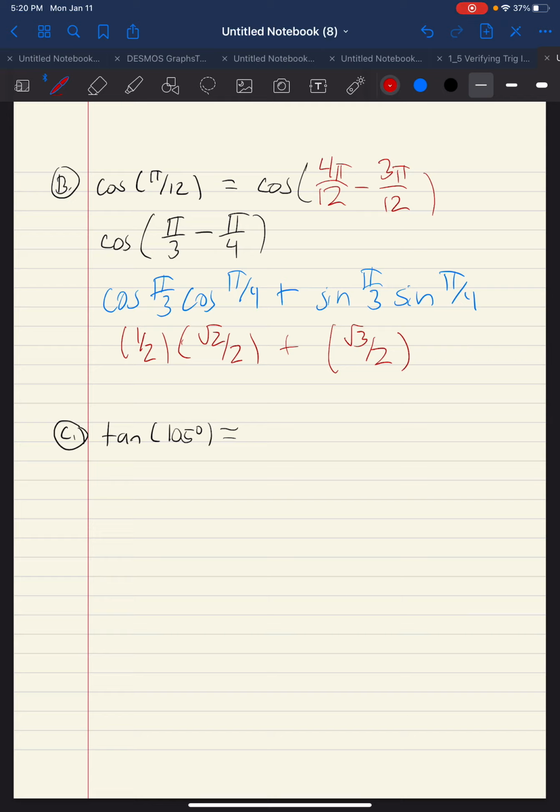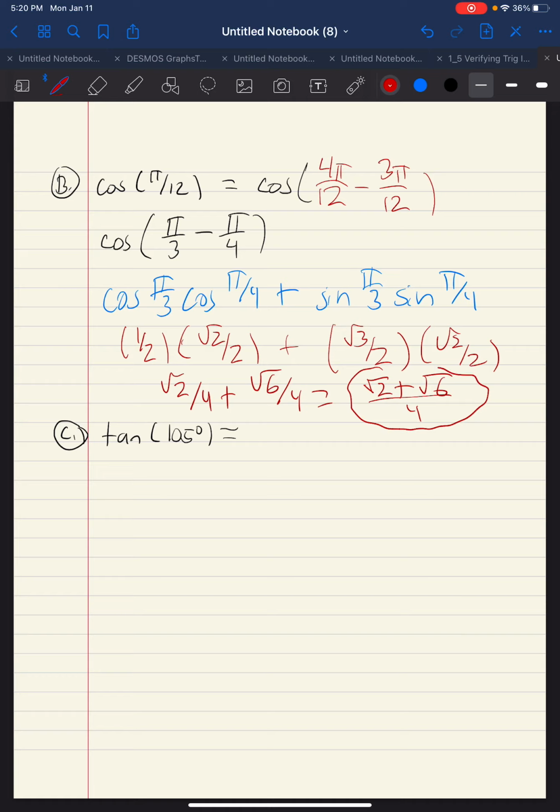And then sine of pi over 4 is radical 2 over 2. And then we get radical 2 divided by 4 plus radical 6 divided by 4. Common denominator, so we can add them together like last time. Radical 2 plus radical 6 all over 4. And that is our answer.